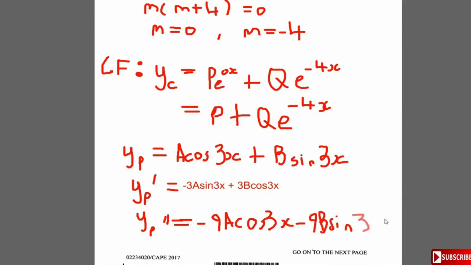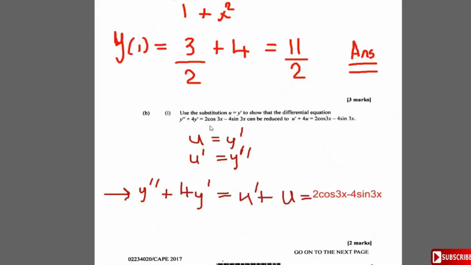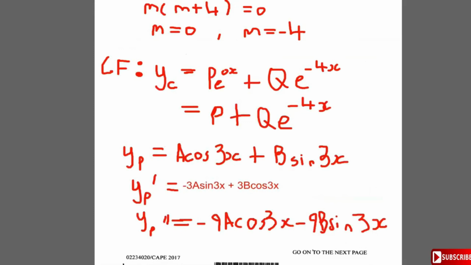Now, let's stick a pin right there. But remember, this was what we had: y double prime plus 4y prime equals this. So let's write that down. We had y double prime plus 4y prime. Wait, I'm not sure, was it minus or plus?